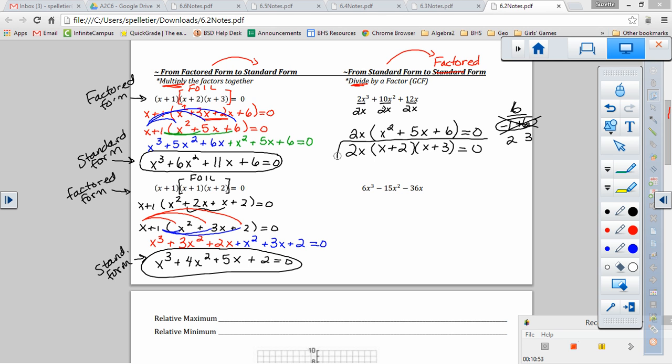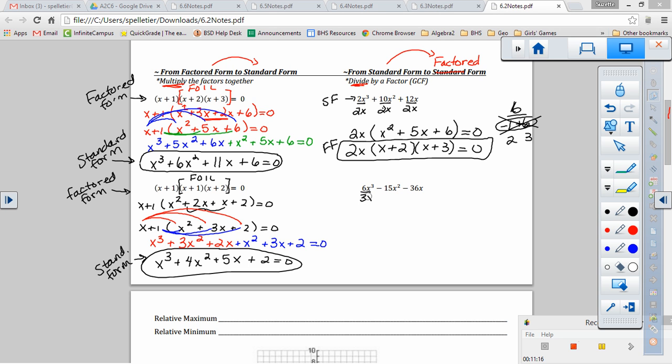So this is factored form. All multiply down to the three factors that I used to multiply out and get 2x to the third plus 10x squared plus 12x. So this was standard form, and this is factored form. Okay, let's try the second example.